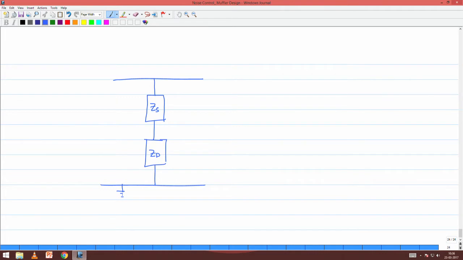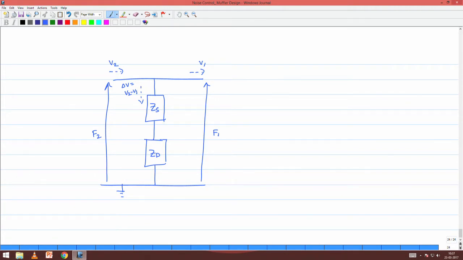This is the ground line, this is the voltage F2, this is the voltage F1. So, what happens here is that V2 current is going in, but only V1 current is coming out, the rest of it which is delta V. So, this delta V is going to be V2 minus V1, and this delta V multiplied by Zs is going to create the first potential.